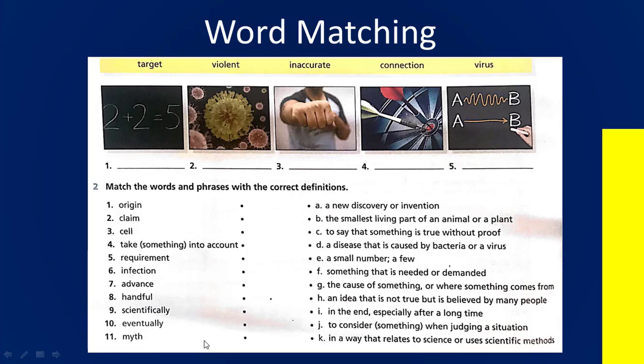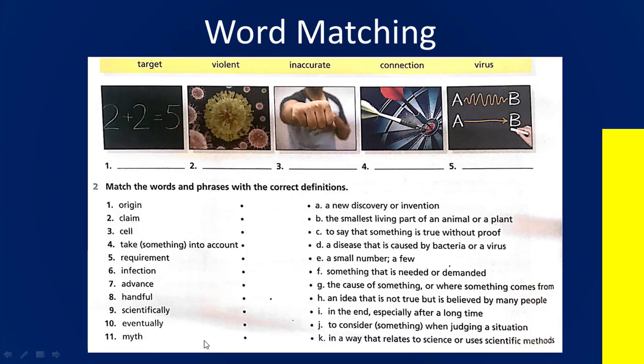And J, to consider something when judging a situation. K, in a way that relates to science or uses scientific method. Okay, so we have 11 vocabulary words and 11 definitions from A to K.